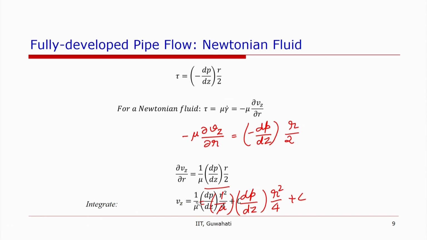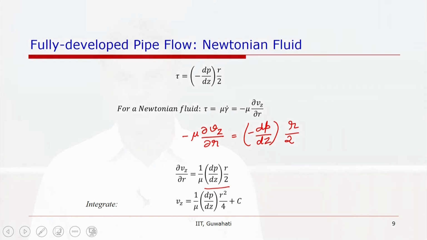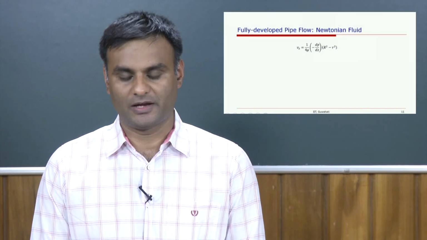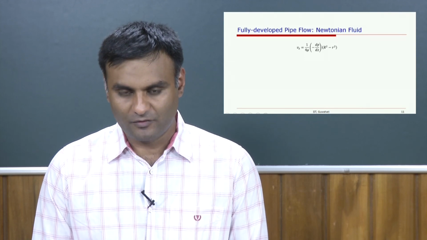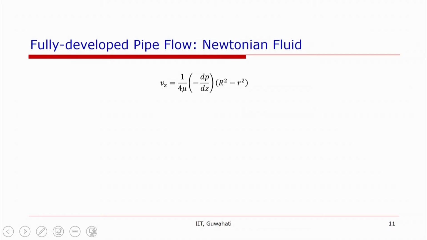This has already been integrated for us, so we end up with this equation for Vz. Having obtained the velocity profile in a fully developed pipe flow for a Newtonian fluid, we can also derive the flow rate in the channel.